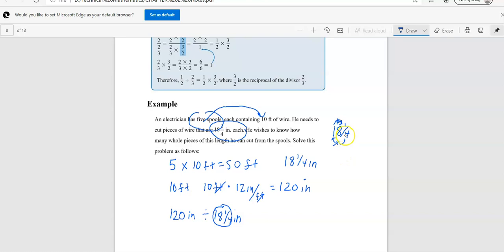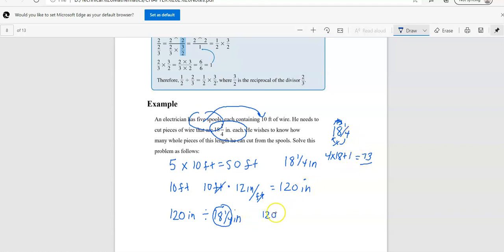So we're going to say 4 times 18 plus 1. Okay, and 4 times 18 plus 1 ends up being 73. And then we're going to put that over 4 when we bring it down here.